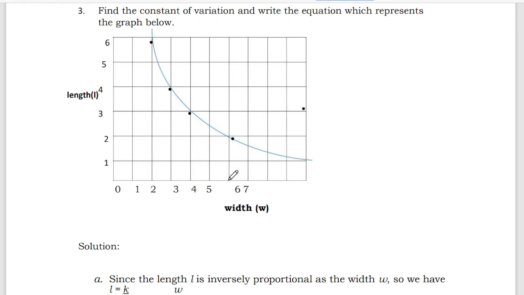Here the 1, 2, 3, 4, 5, 6 should be on the line, and this must be 7.